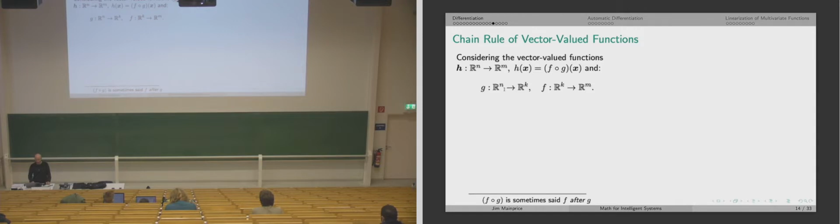And in this case, they map input vectors of size n, so the first one, the one that is first applied on the input, to vectors of size k, and then f maps vectors of size k to vectors of size m. So what do you think is going to be the dimensionality of the Jacobian here?